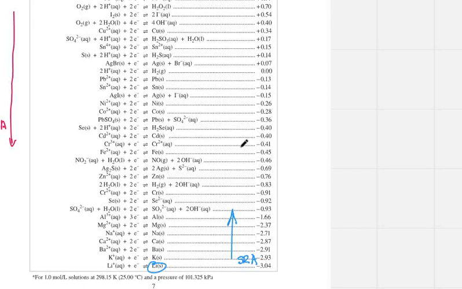We'll work our way up the table, and this table goes from strongest reducer at the bottom right to the weakest reducing agents in the top right corner. So let's see how long it takes us to get a hit here. Again, remember the things that we have in our system are silver ions and nickel metal, so we want to find one of those things.